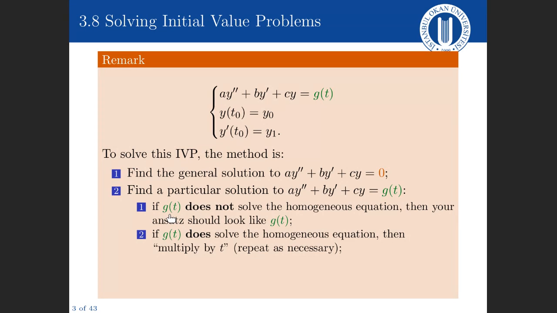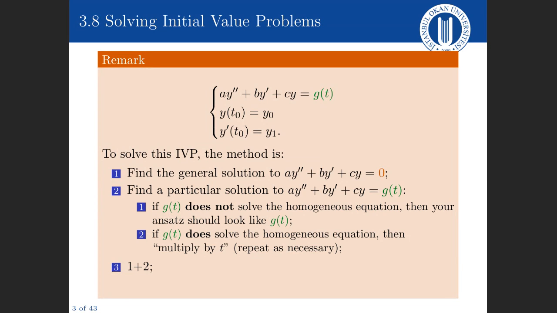If g(t) is a polynomial, then our guess should be a polynomial, etc. If g(t) does solve the homogeneous equation, then the idea we saw last week is we take the guess we would have made and then multiply it by t. And if it still doesn't work, multiply by t again, and so on.